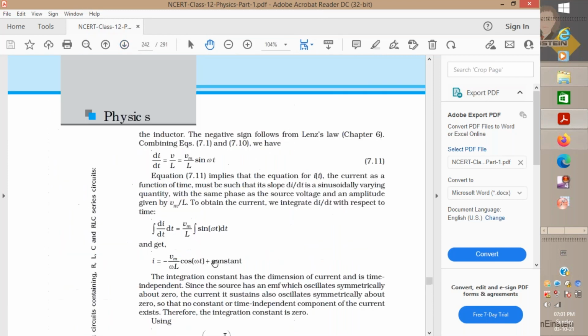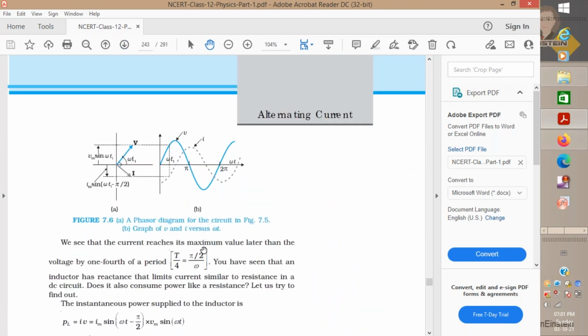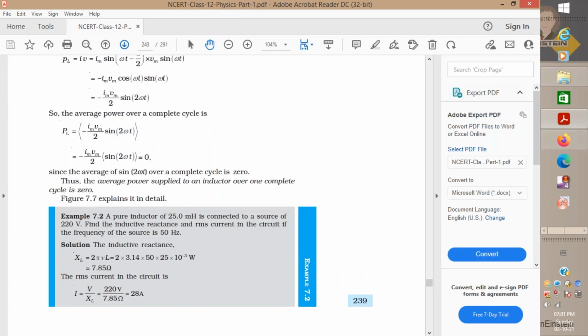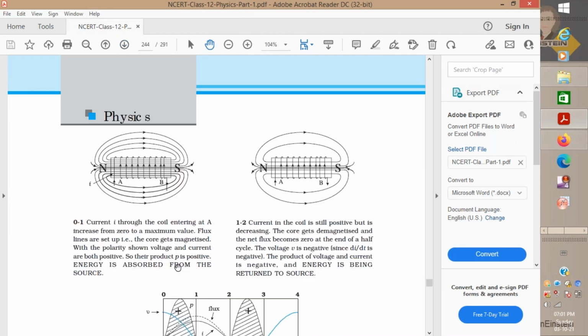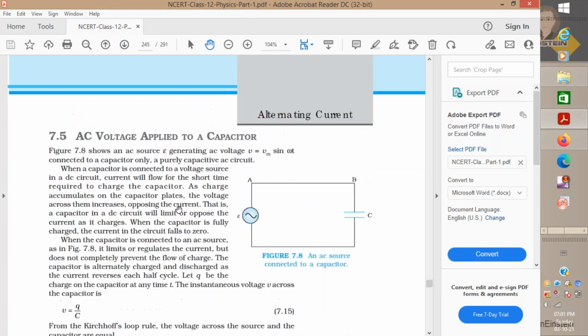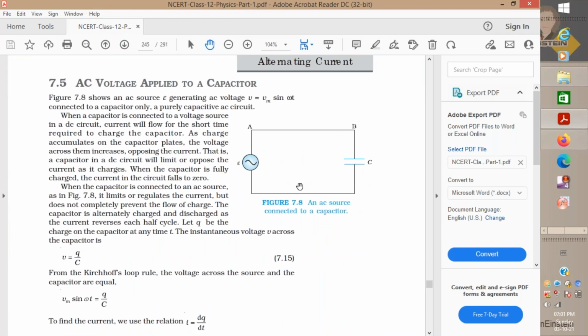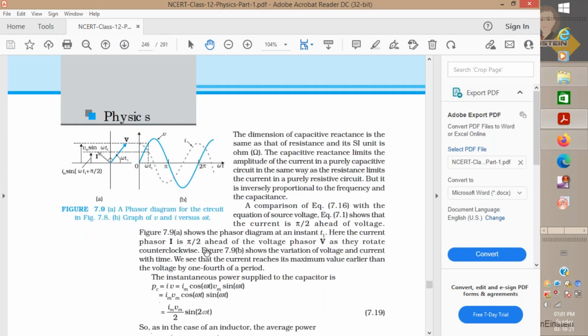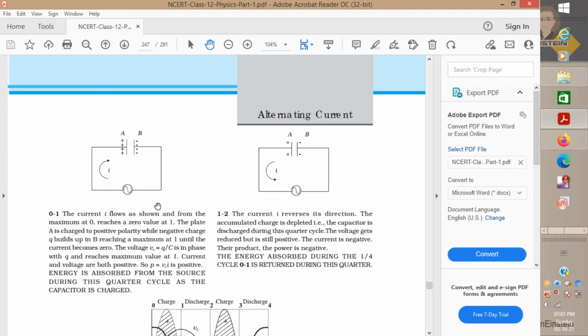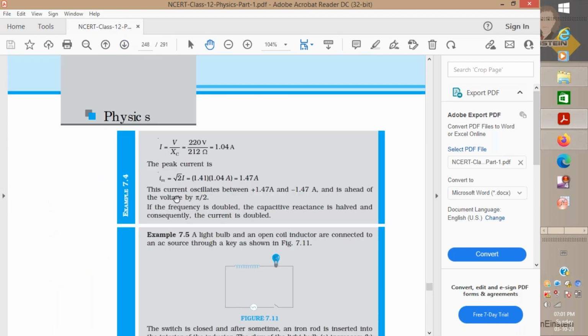What is the phase relationship? Then, if we apply the AC signal to a capacitor, what happens to the current and voltage? What is the phase relationship? Then we will see the L and C combination, then the LCR combination. In that, if we apply AC signal, what happens? So this is how we'll go in this chapter. It is a very interesting chapter.